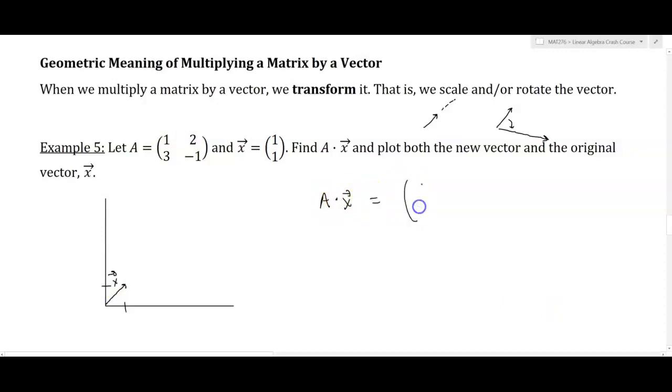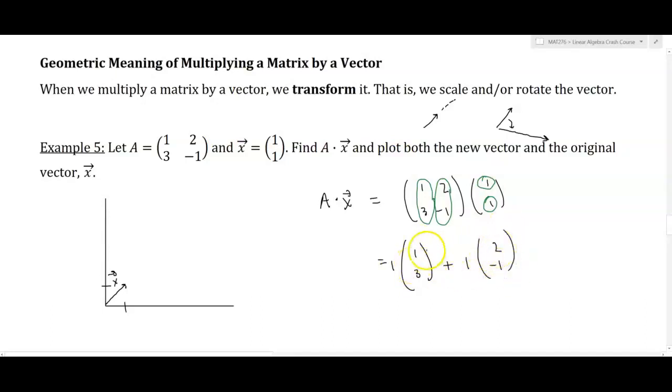To do that, I have to take 1, 2, 3, negative 1 and multiply it by the 1, 1 vector. We know from our past experience that this vector and this vector are going to get scaled by this and this respectively, and the results are going to get added together. So we'll have 1 times the 1, 3 vector plus 1 times the 2, negative 1 vector, and really I'm just adding across here because the scalars are 1.